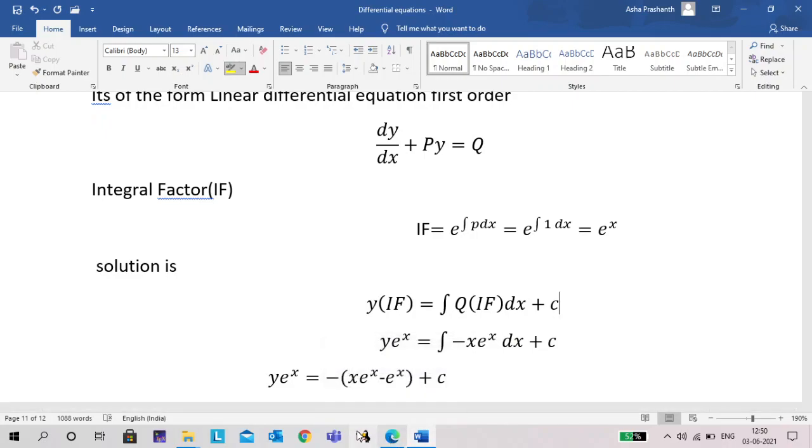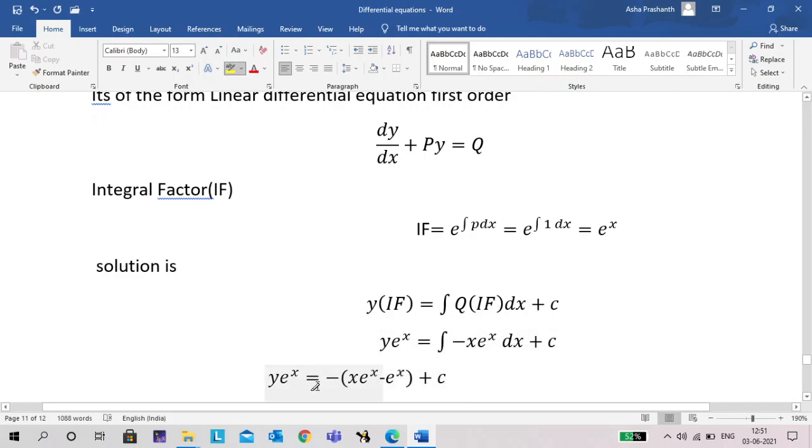By using that, taking the minus outside, we write x into the integration of e power x, which is e power x, minus integration of the differentiation of x, which is 1, times e power x, plus some integral constant. The integration of e power x is e power x only. So finally I got this.